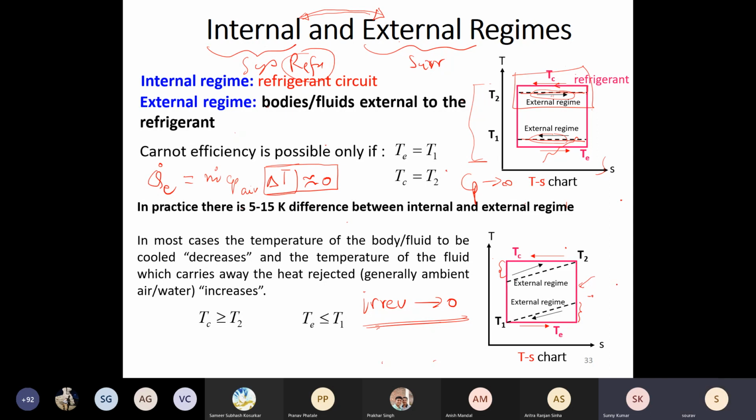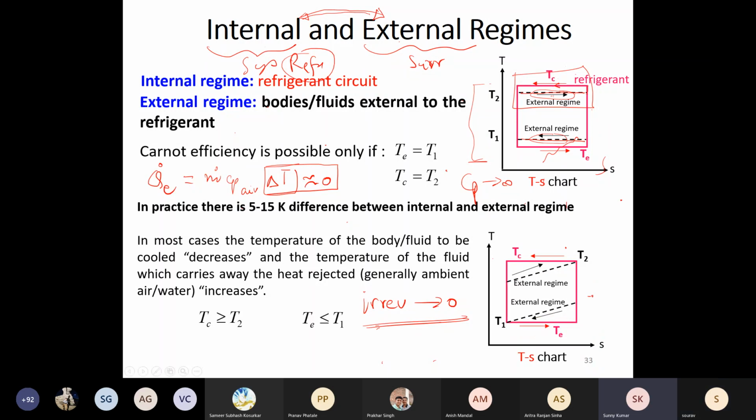Can you intuitively think? You just have to modify these two lines. These two lines are the source of irreversibility. These two horizontal pink lines. My external regime is undergoing this dotted line or dashed line. Okay, so think hard.